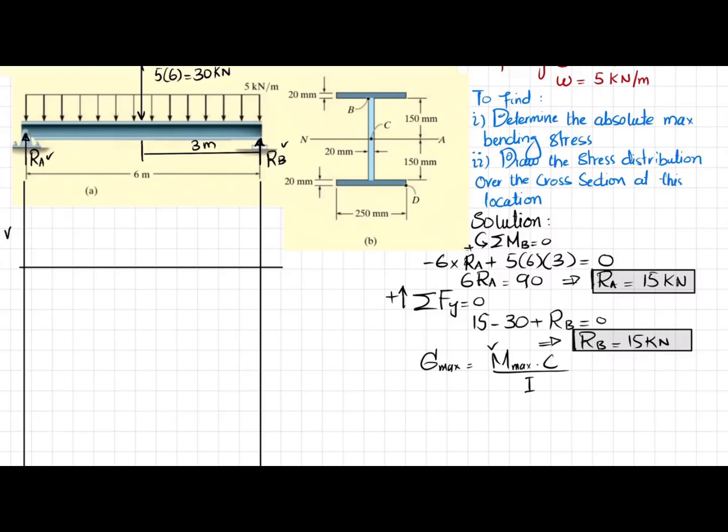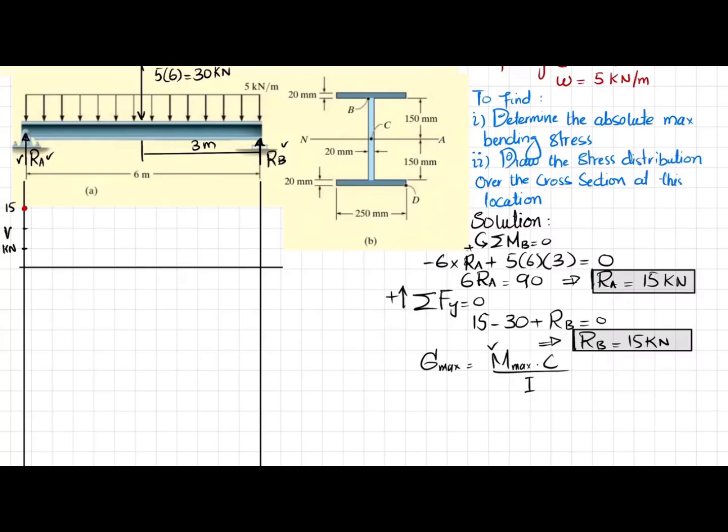Here we will have the shear force in kilonewton. Let each division be 5, so 15 will be here. At the initial point you have RA, so the first point will be here.